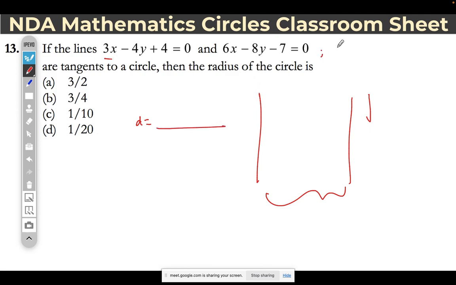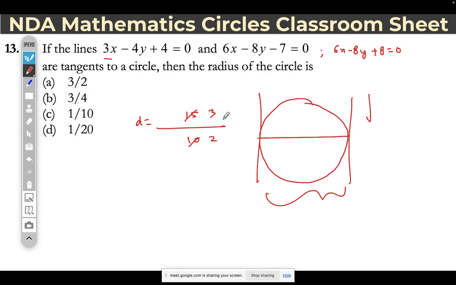The second one I'll make look like 6x minus 8y plus 3 by 2 equal to 0. Difference between their constant part is 15 by 10. Distance is 3 by 2. What is the radius? When the two lines are tangent, the diameter is the distance. 3 by 4.